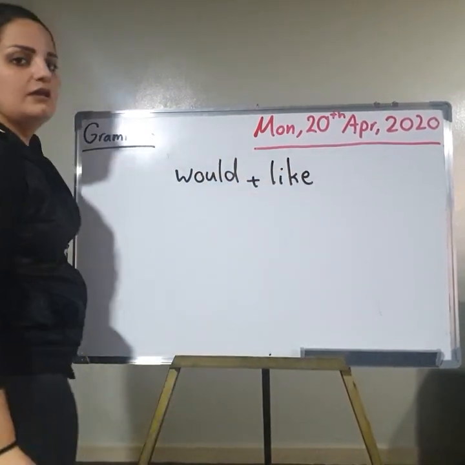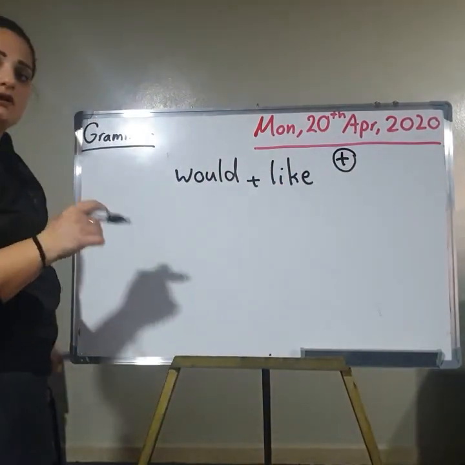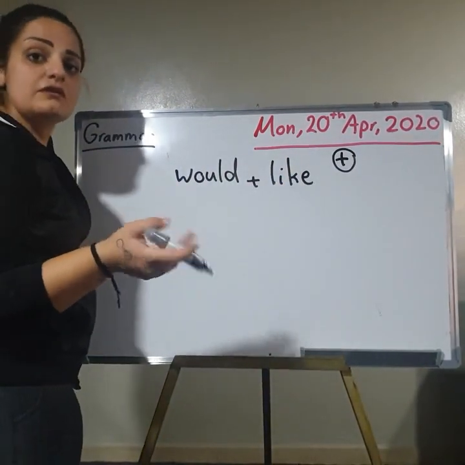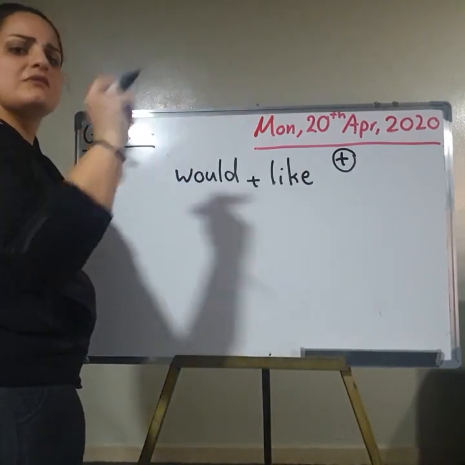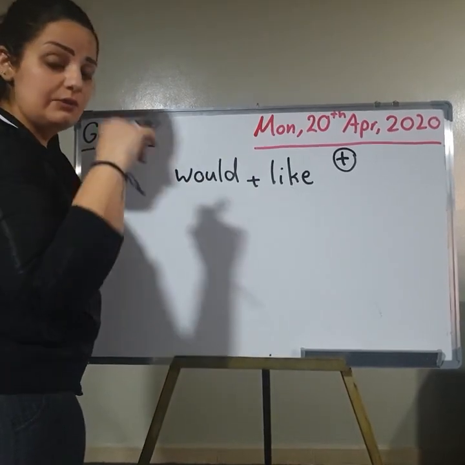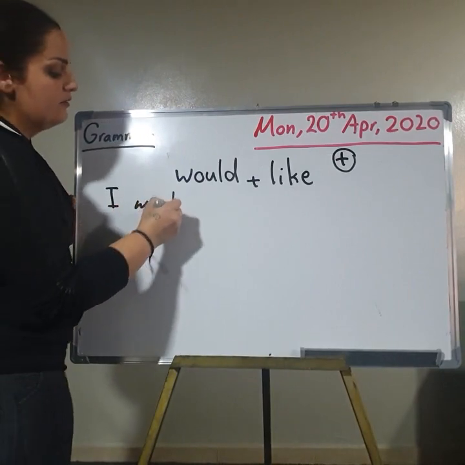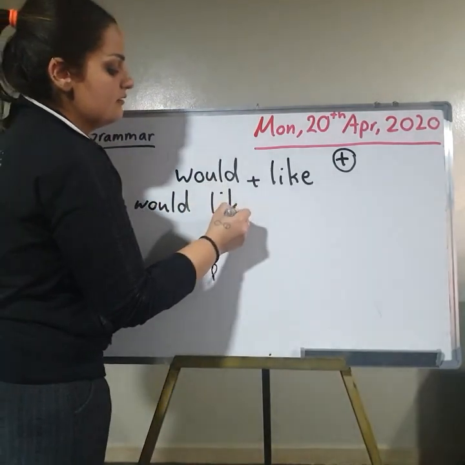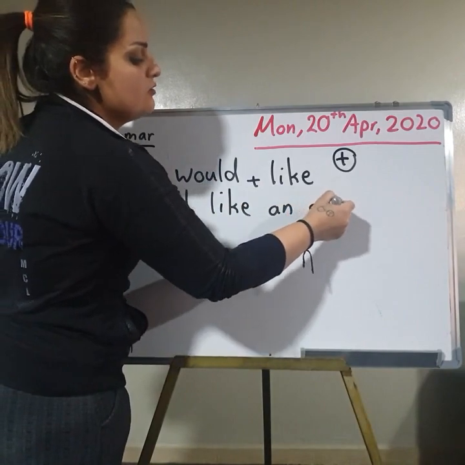Okay, it's a positive sentence. Like if you are in a shop or in a restaurant and you want to order, you cannot say bring me this or bring me that. This is impolite. If you have to ask in a polite way, like you say, I would like an orange, for example.